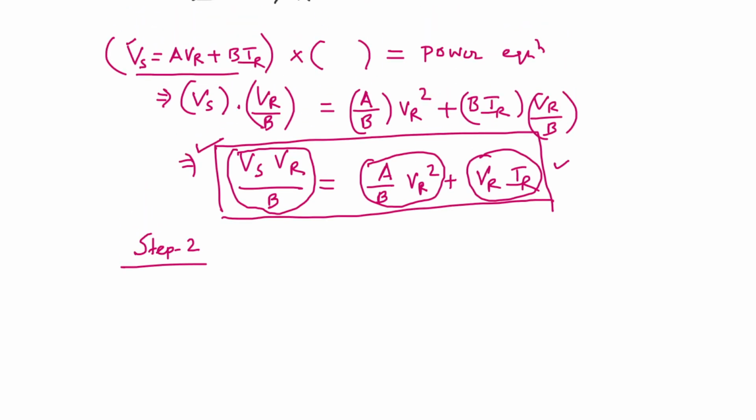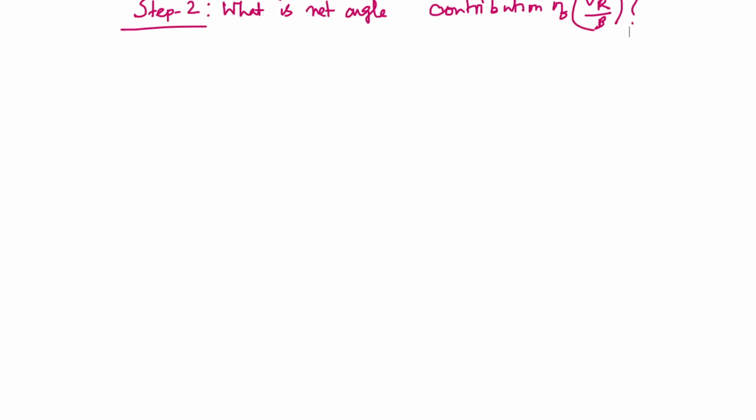Now you see this voltage equation has been multiplied with VR by B. Now let me check what is the net angle contribution of VR by B. In order to check that, you see VR is contributing 0 and B is contributing beta.